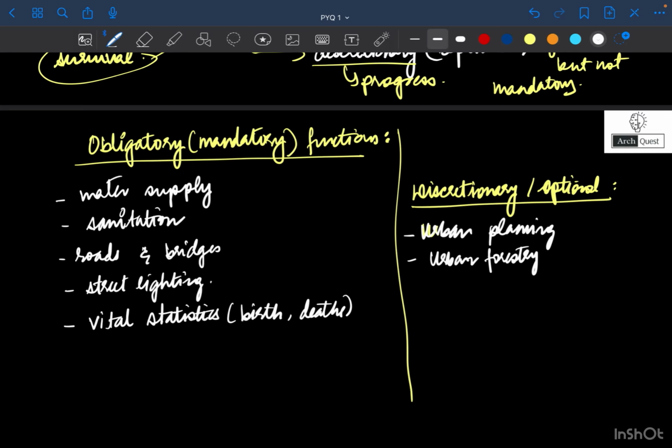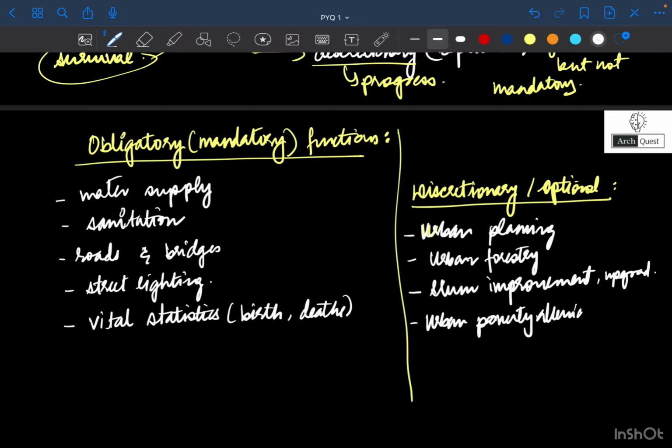Keep a note on the types of functions for both, because in the exam they give a particular function and ask you to choose whether it's an obligatory function or an optional function. So we need to know the examples under each head. Urban forestry, then slum improvement, upgradation, then urban poverty alleviation.